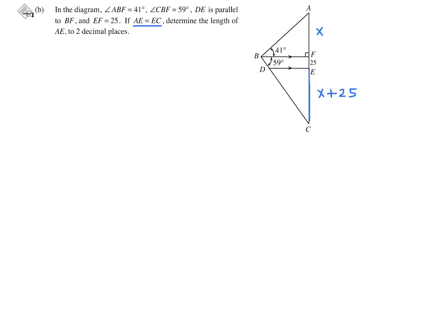Now we have to use two relationships between the angle and the sides using trigonometry. So the first triangle is this one right here. And with that, using tan, I get the tan of 41 is equal to, if you remember, opposite over adjacent. All right?